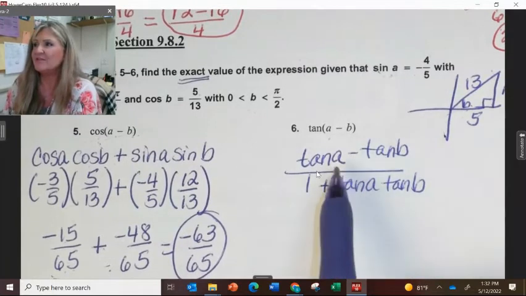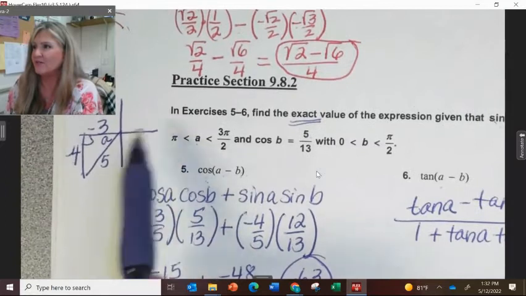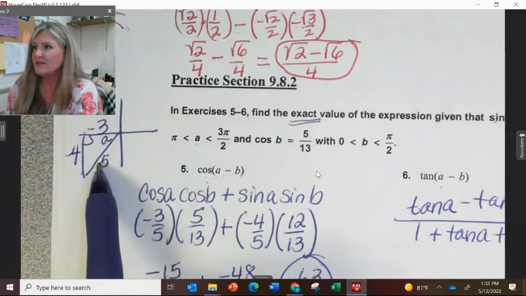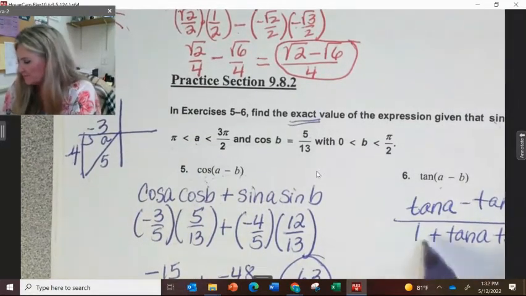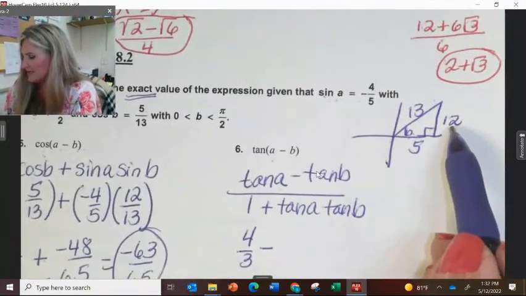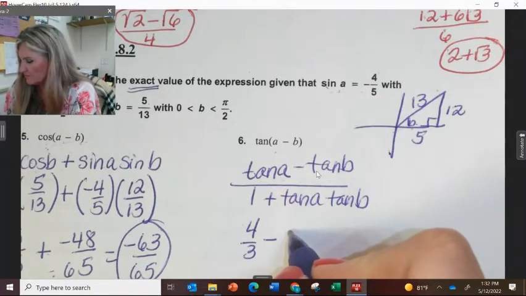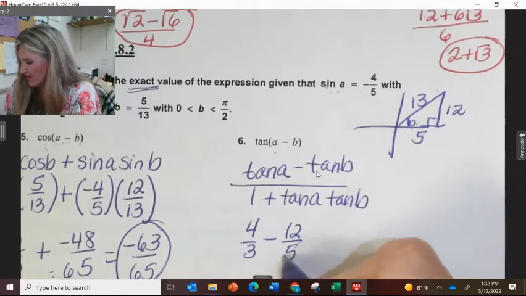All right, so we have to use the appropriate angles. So triangle A and angle A are over here. And so what is the tangent going to be there? So I'm going to have 4/3 minus, what's the tangent of over here for B? 12 over 5, right?